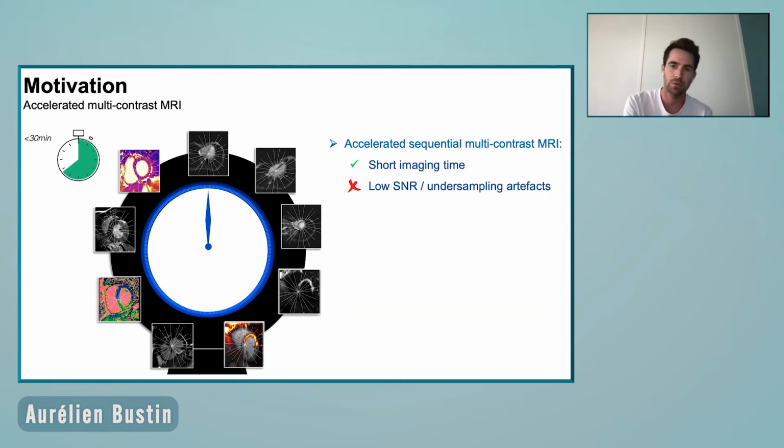Or you could use partial Fourier, or half Fourier as well. This really reduces not only the breath-hold times, but also the entire CMR protocol. But you still have low SNR, so you have to find a way to reconstruct these images, and it's still very inefficient because these images are recorded separately.